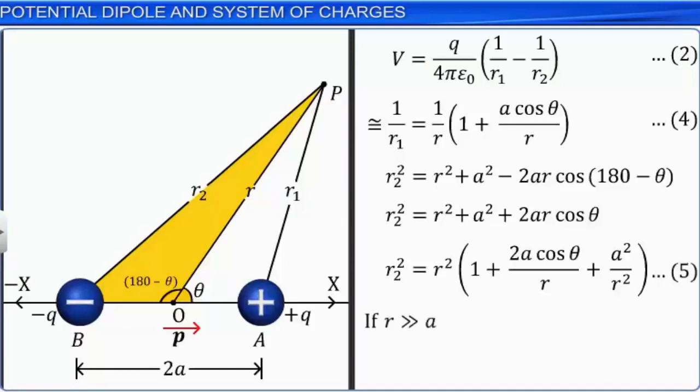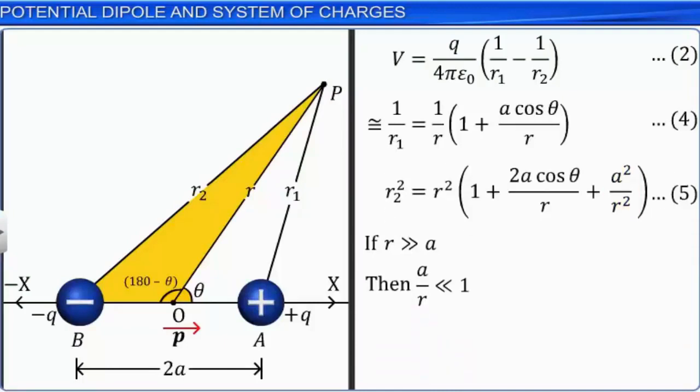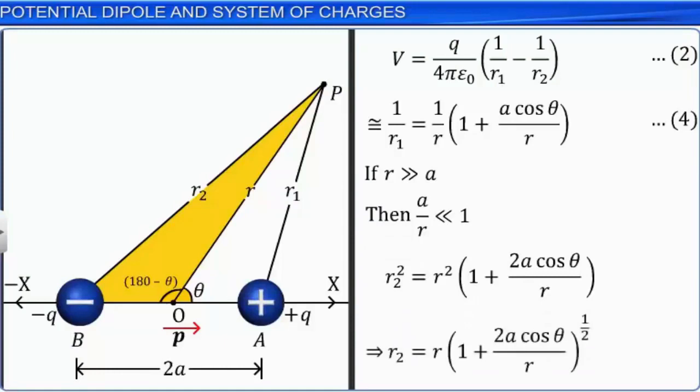If R is much greater than A, then the ratio A to R is much less than 1, and hence the term A square by R square in equation 5 can be neglected since it becomes negligible. Then we get R2 square is equal to R square into 1 plus 2A cos theta by R. This implies R2 is equal to R into (1 plus 2A cos theta by R) power half.